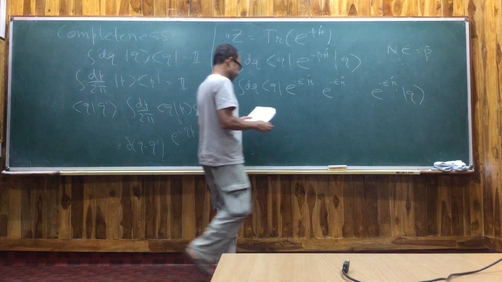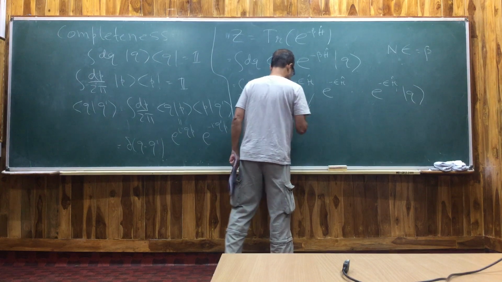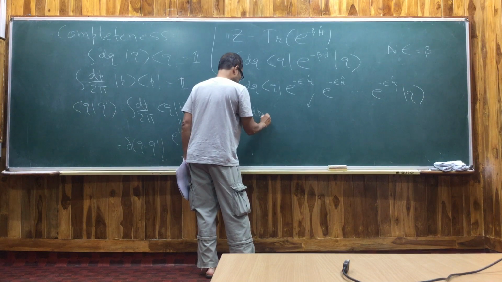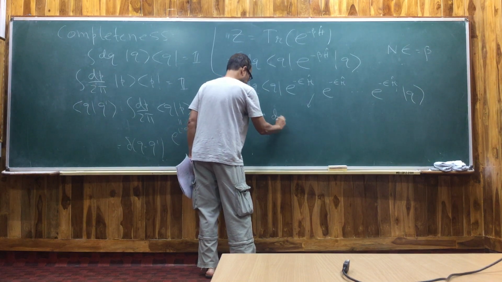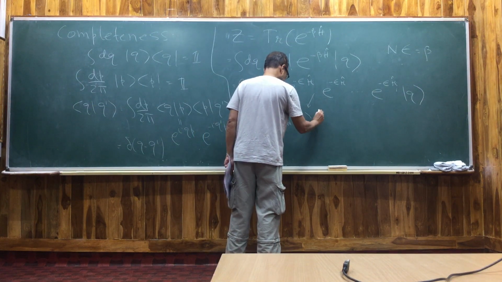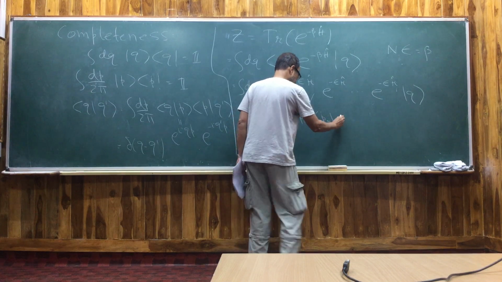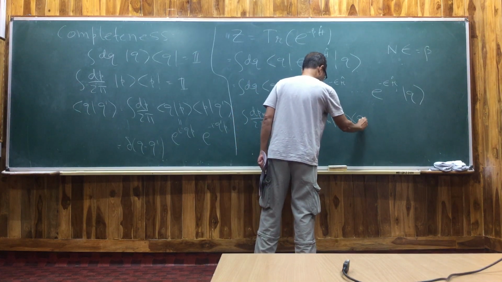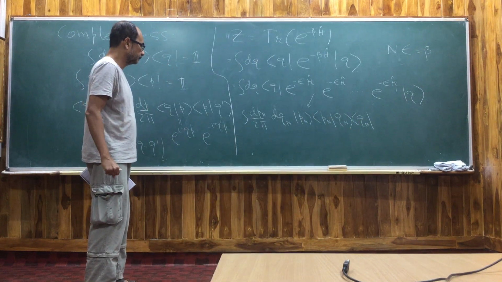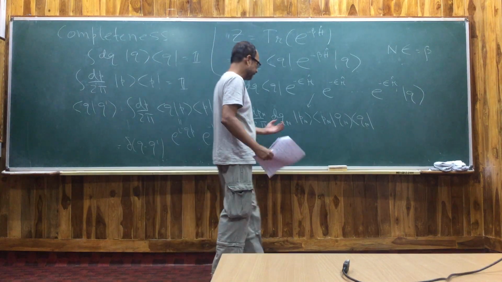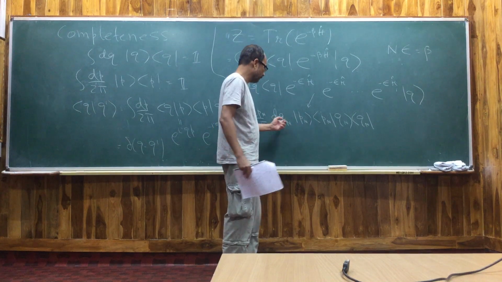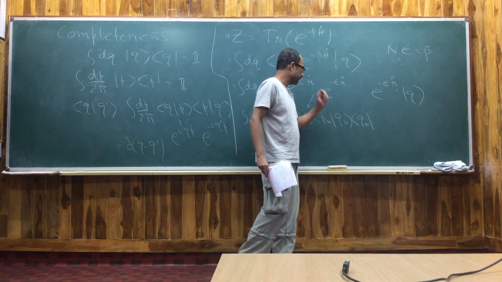So here I insert the integral dp_n by 2 pi, dq_n, |q_n><q_n|. All I have done is to insert two factors of identity, because the integral dp_n over 2 pi of |p_n><p_n| is the identity, and the integral dq_n of |q_n><q_n| is the identity, so identity times identity.